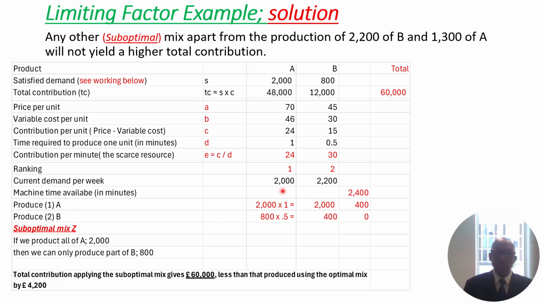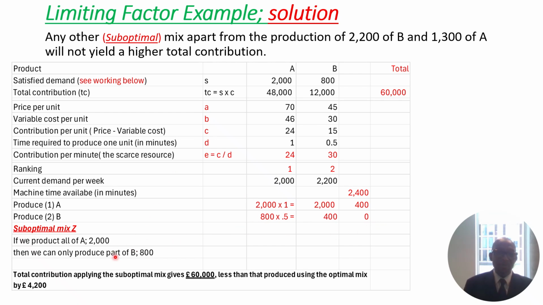If we produce 2,000 of A, it means we'll be spending 2,000 times 1, which is 2,000 minutes out of the available 2,400, leaving us only 400 minutes outstanding. Working backwards again, we divide this 400 by the time required to produce 1 unit of B, which is 0.5. That's how we got 800 units of product B. So 800 times 0.5 is 400, and that is the total minutes utilized.